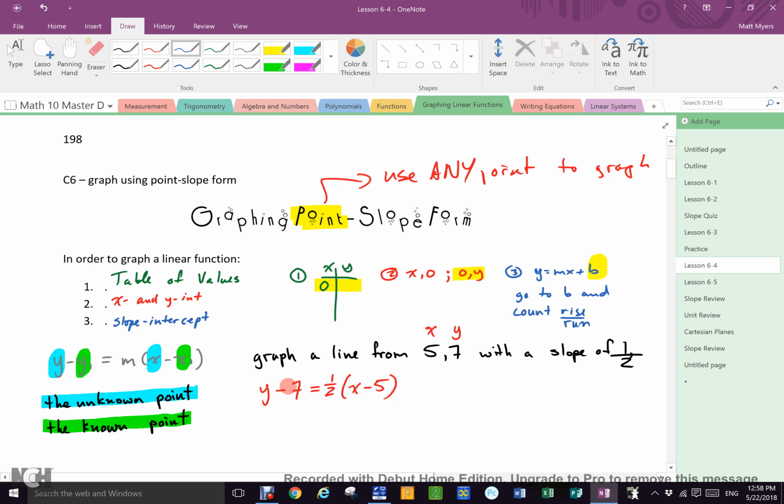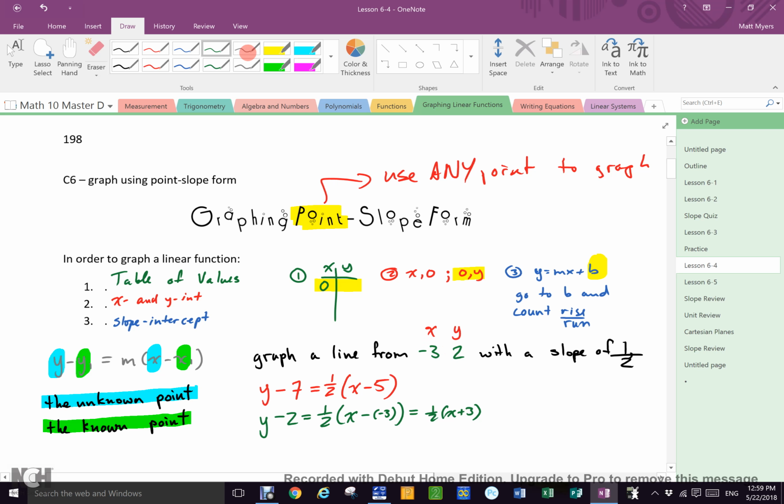What if I then changed it to not 5 and 7? I changed it to -3 and 2. What would my equation change to? Y minus 2 equals 1/2 X minus -3, which would be what? 1/2 X plus 3. Correct? Everybody cool?